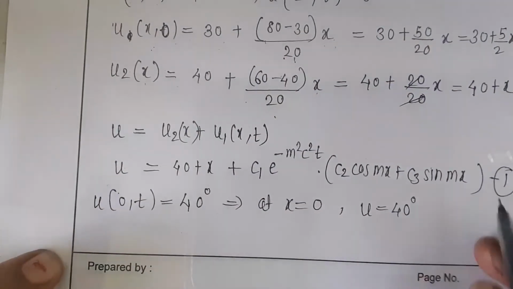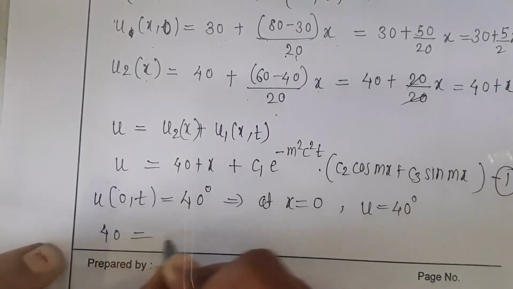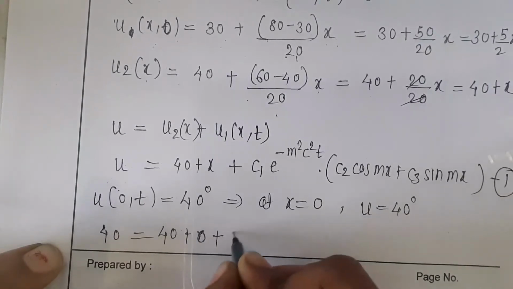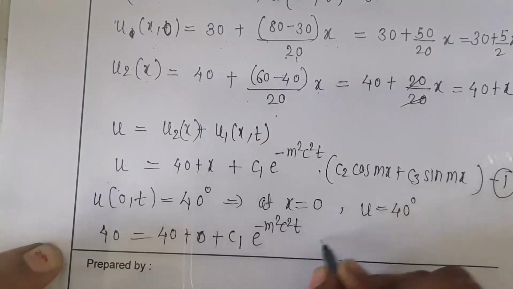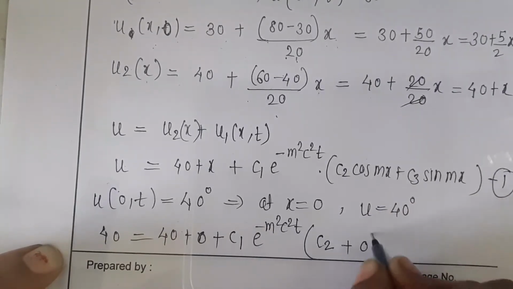So use this condition in equation number 1. U is equal to 40 degree is equal to 40 plus x, where the value of x is 0, plus c1 into e to the power minus m square c square t multiplied by c2 cos 0, which is 1, and sin 0 is 0.